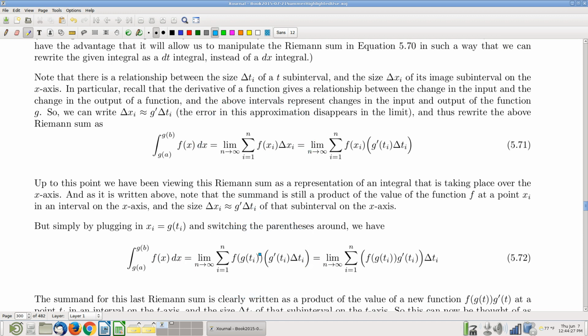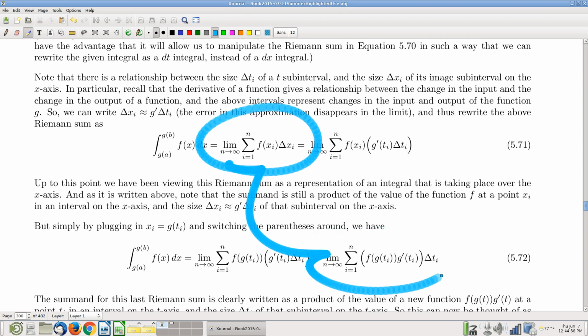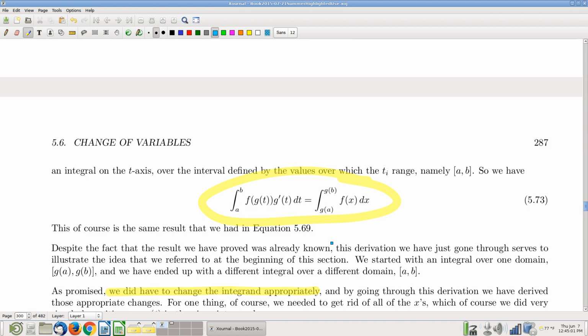And now, by just moving some parentheses around, if I take those parentheses and just regroup like that, notice what I get is a new Riemann sum. This is a Riemann sum in terms of t. I've got a new integrand. There's my delta t, which is going to turn into a dt, and it's literally an integral. Okay, so rewriting this as that gives me my substitution rule for integrals.